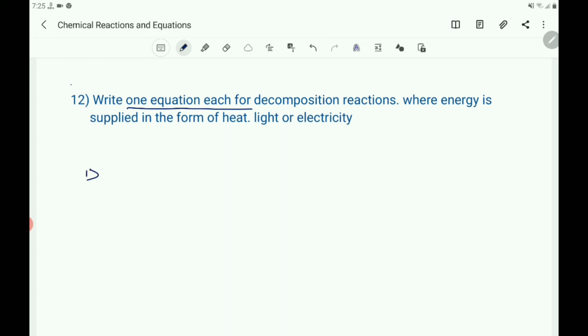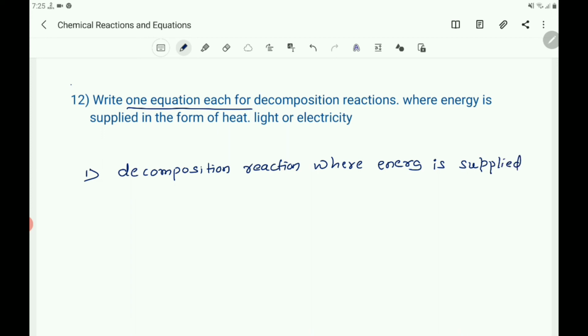Take a decomposition reaction where energy is supplied in the form of heat.